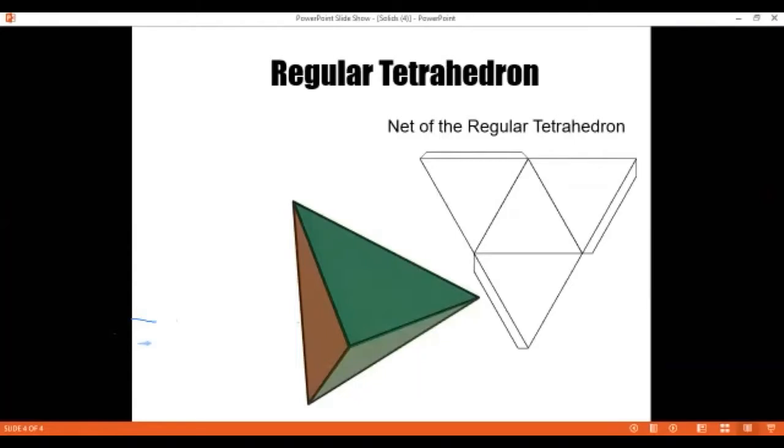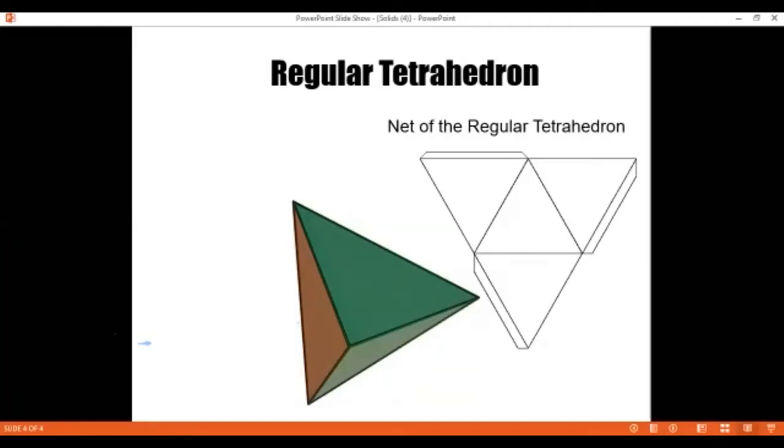Now what is this? A regular tetrahedron. This is a special one except grade 5. Regular tetrahedron means this is another solid. What shapes does the regular tetrahedron have? Triangles. Yes. Regular means equilateral triangles, all the sides are equal.